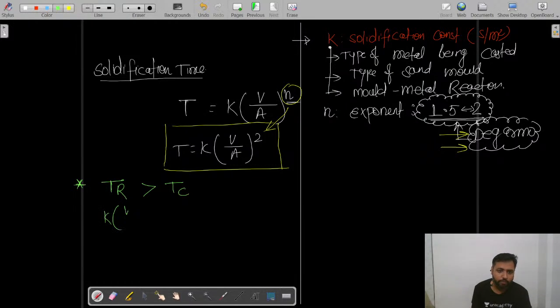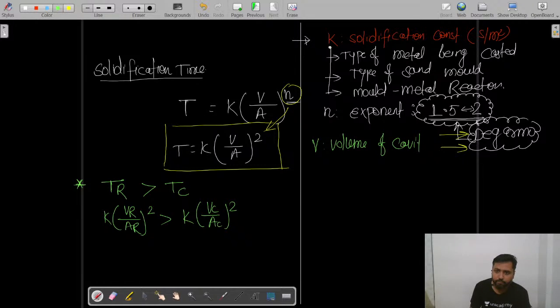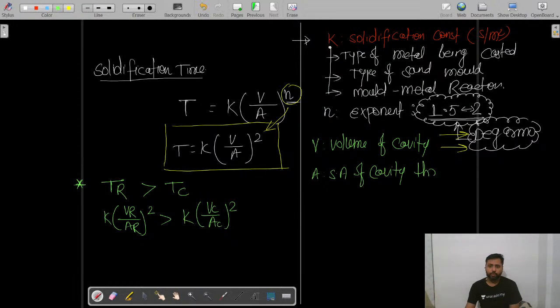So, k into (VR upon AR) whole square should be greater than k into (VC upon AC) whole square, where V is the volume of the cavity and A is the surface area of the cavity through which heat transfer is taking place. You will only count those areas through which heat transfer takes place.